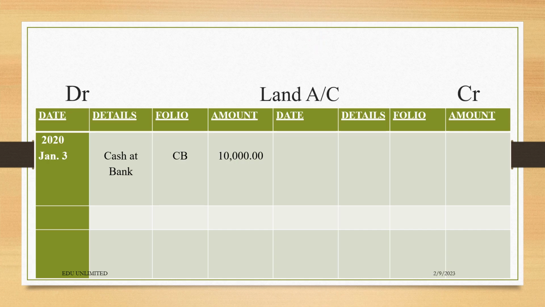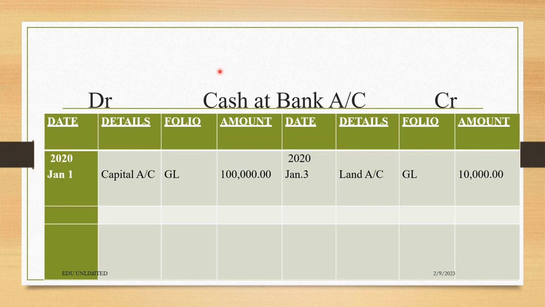Let us go. So in the cash at bank account, on January 1, we had capital coming from the general ledger of $100,000. That was a debit because to increase an asset, we debit the asset account.